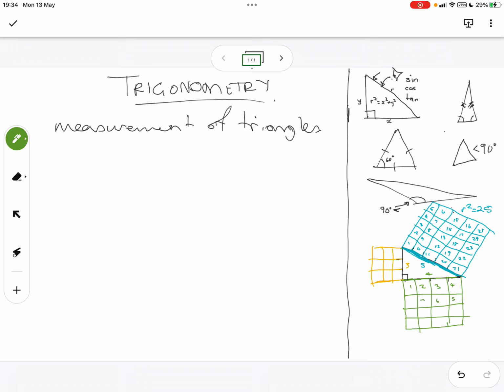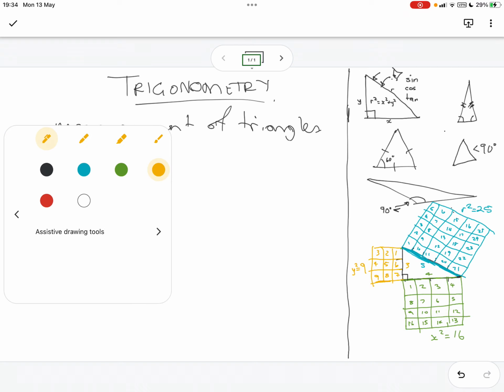It's 1 through 16. So x squared is 16. And we're going to finish off by counting the yellow squares. It's 1 through 9. So y squared is 9. If we take the sum of 16 and 9, how much does that give you on a calculator? 25. It gives you 25.